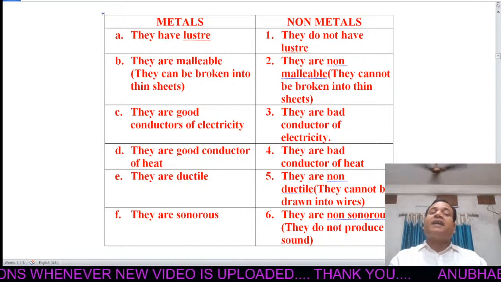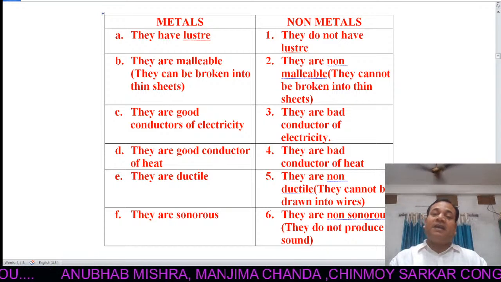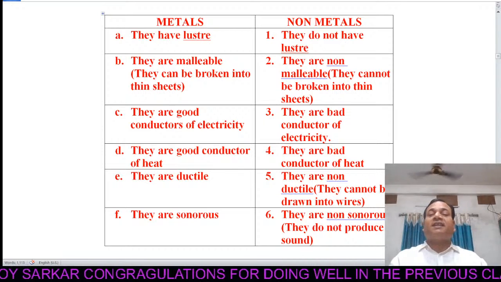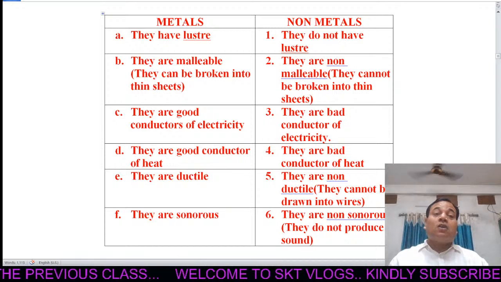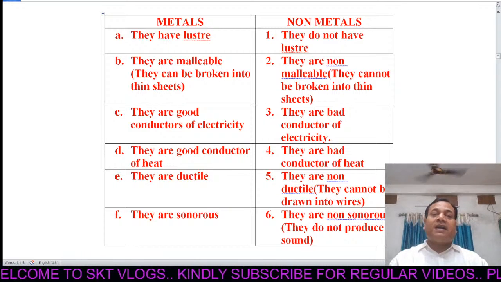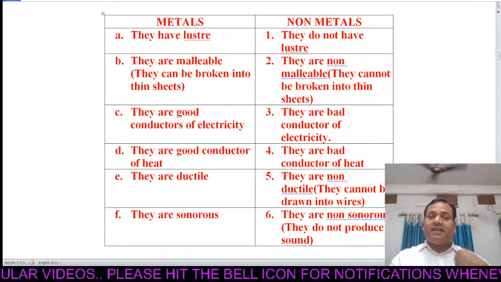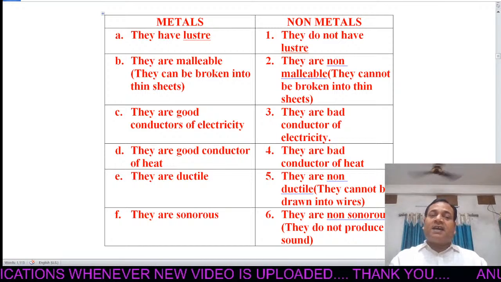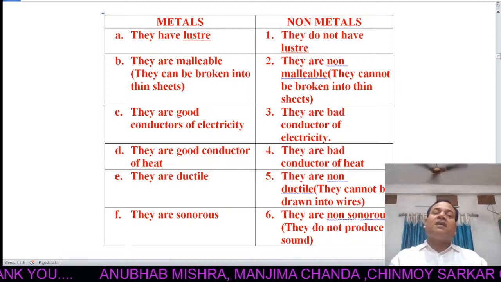It means they cannot be drawn into wires. उसका वायर में उसको चेंज नहीं किया जा सकता है, लेकिन मेटल्स का वायर बनाया जा सकता है. कॉपर वायर, अल्युमिनियम वायर, गोल्ड वायर, जो गले में हम लोग चेन पहनते हैं, वो तो वायर की तरह हुआ, पतला सा चेन, that is gold wire. So what you understood, metals are ductile, non-metals are non-ductile.